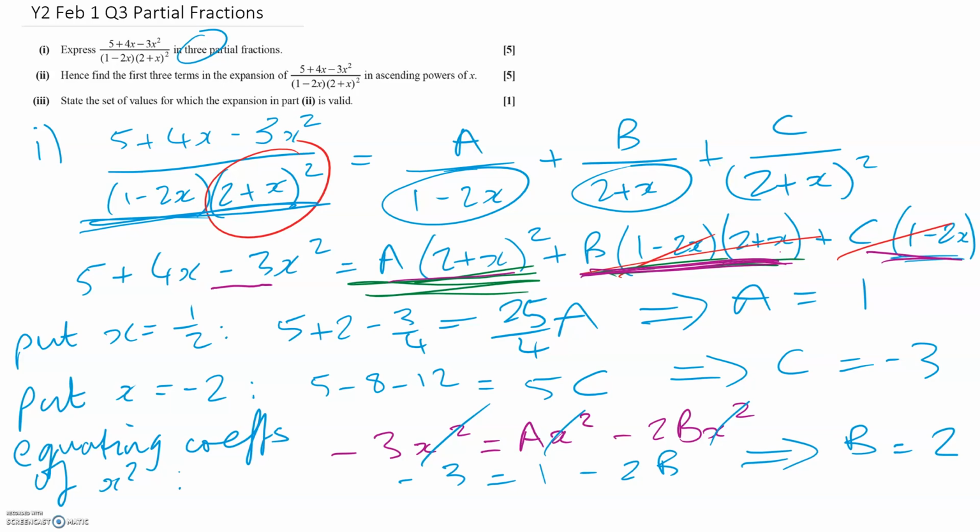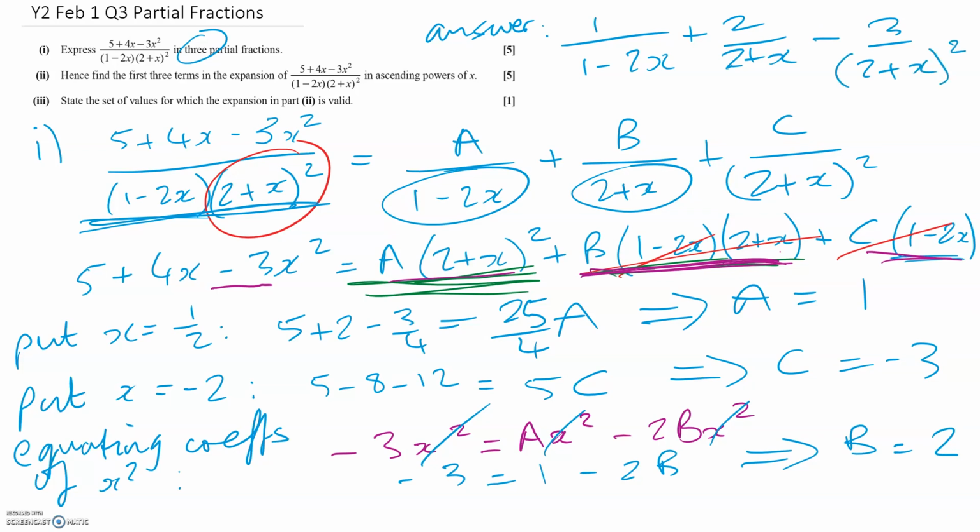Our final answer is going to be 1 over 1 minus 2x, and then B is plus 2, so we've got 2 over 2 plus x, and then, sorry, it's not a plus, it's a -3 over 2 plus x all squared. So this will be our final answer.